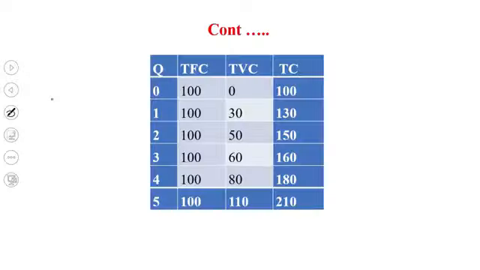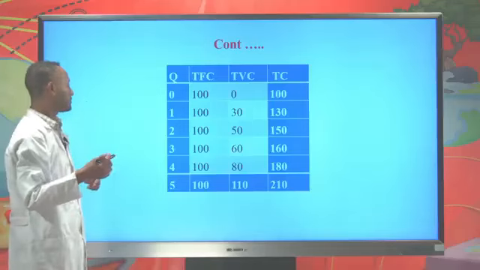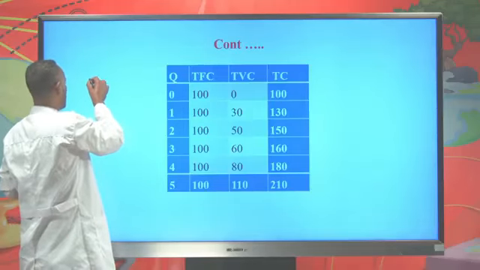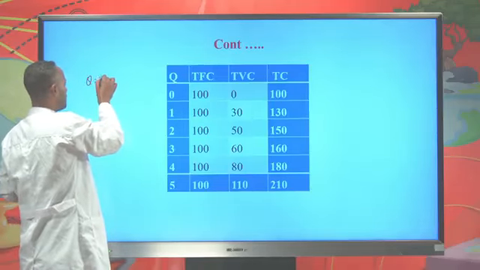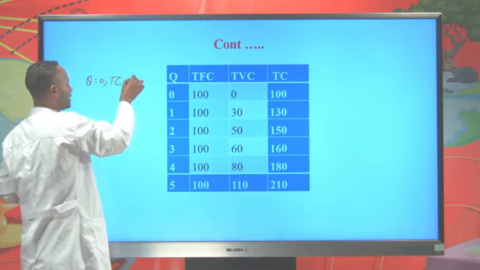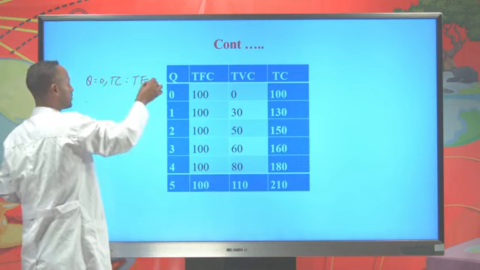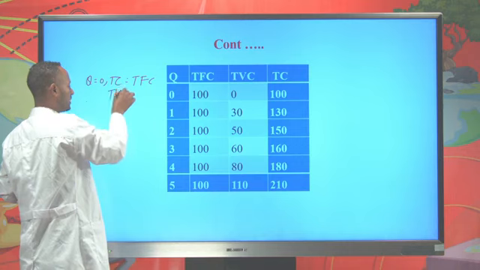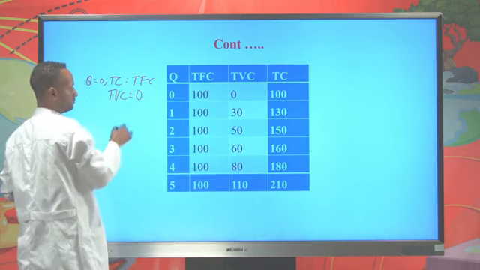Suppose the total fixed cost of production is 100 birr and the total variable cost of production is 0. In the short run, whenever the level of output is 0, the total cost of production always equals the total fixed cost, because the total variable cost is 0.